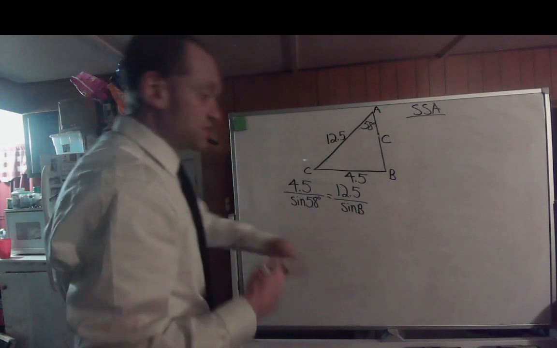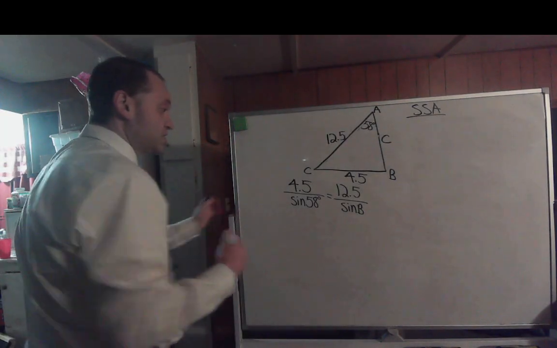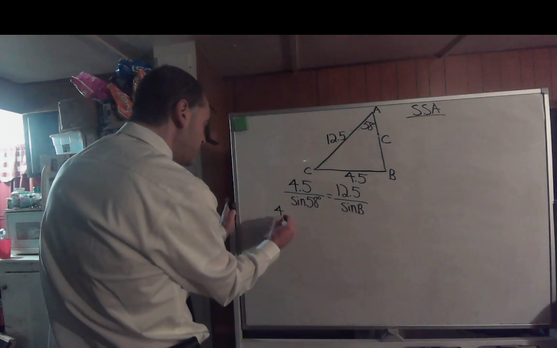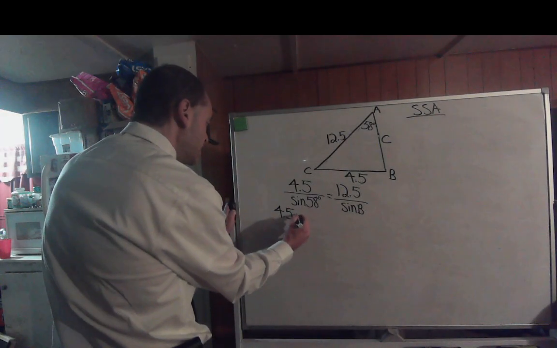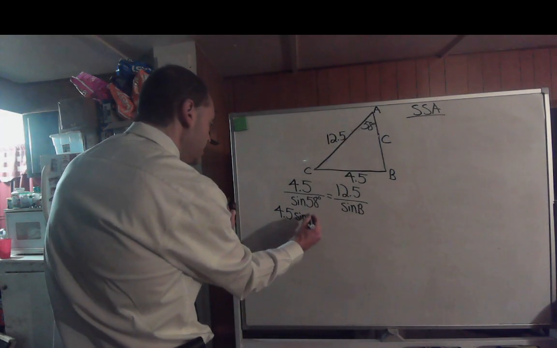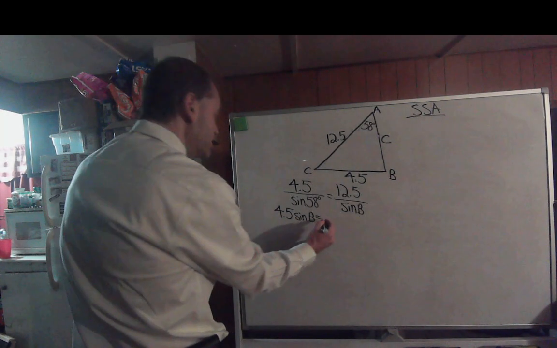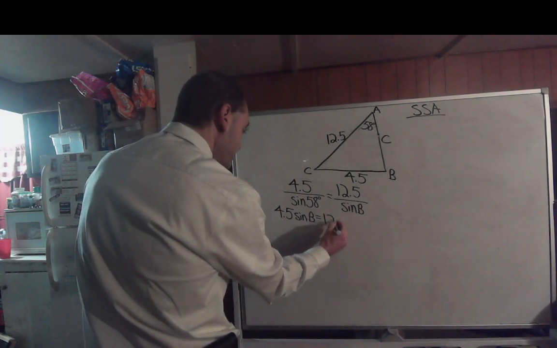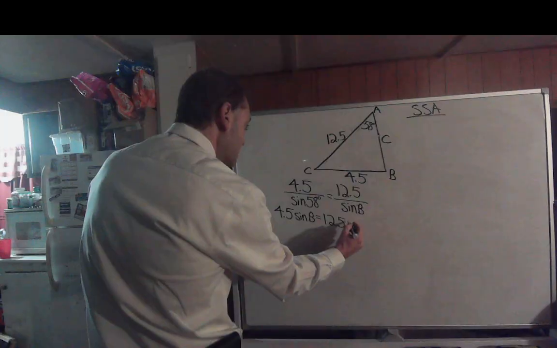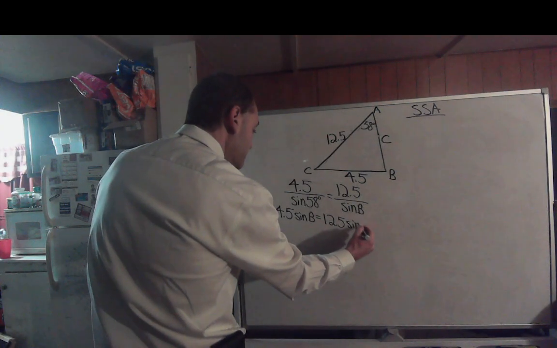So we're actually going to solve for an angle, okay? So this would mean 4.5 times the sine of B is going to end up equaling 12.5 times the sine of 58 degrees.